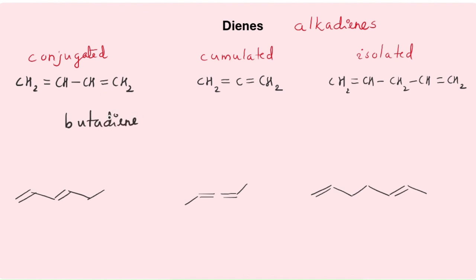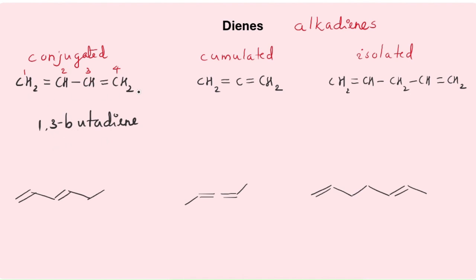But where is the double bond? The double bond is at the first carbon. And where is the other double bond? At the third position. Therefore, you can call this 1, 3 butadiene. So, what is the IUPAC name of the molecule? It is 1, 3 because at first and third position there is a double bond.